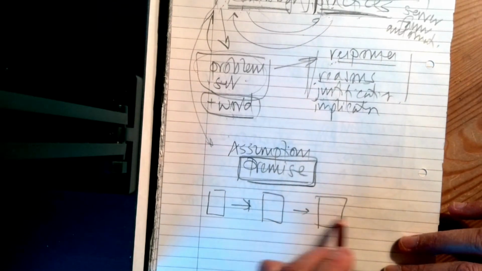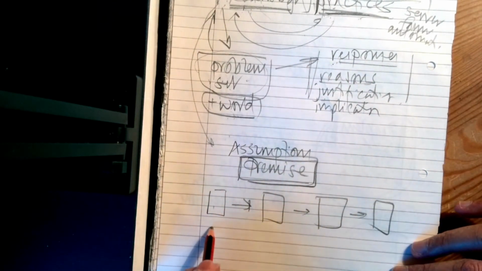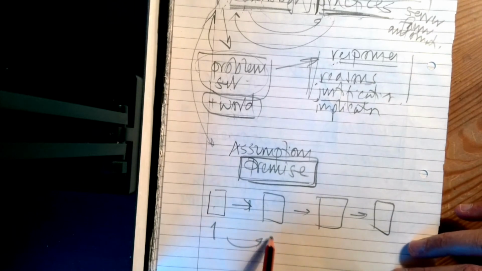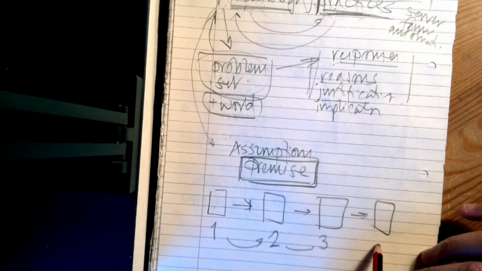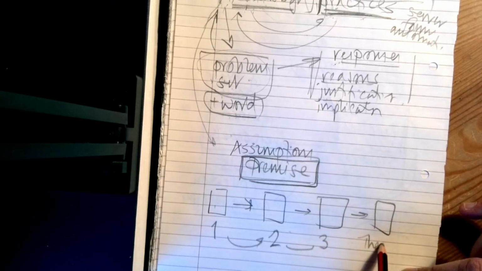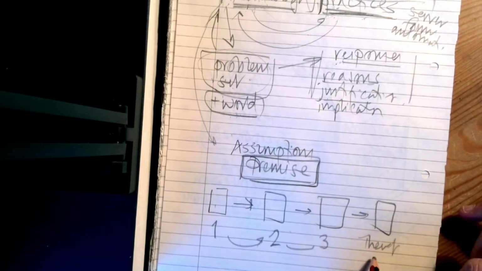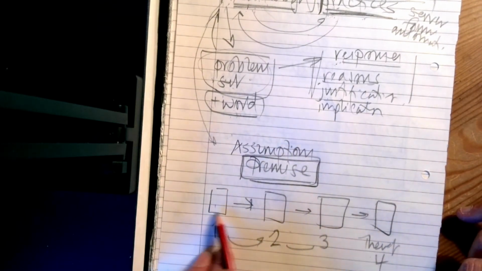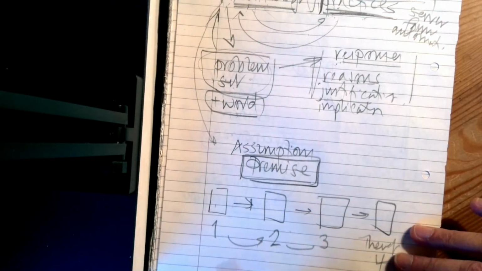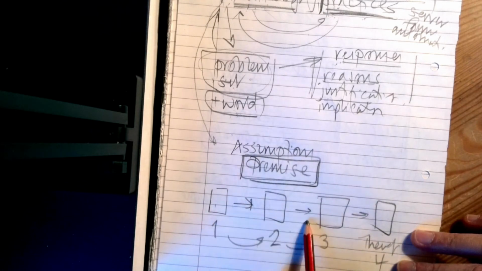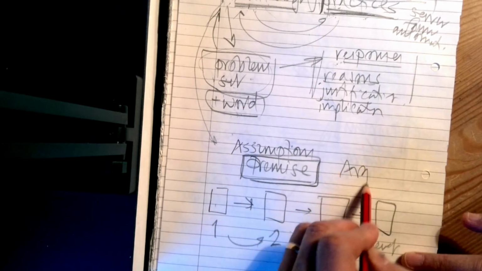An argument sort of works like this. So point number one implies point number two. They string it together to point number three, and therefore we arrive here, right? Point number four. So you get a string of different concepts, ideas, and so on, linked and chained together to form what you call an argument.